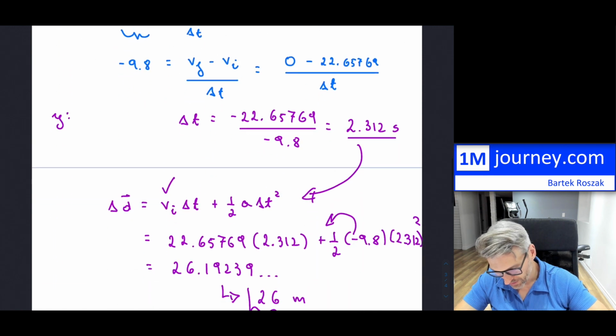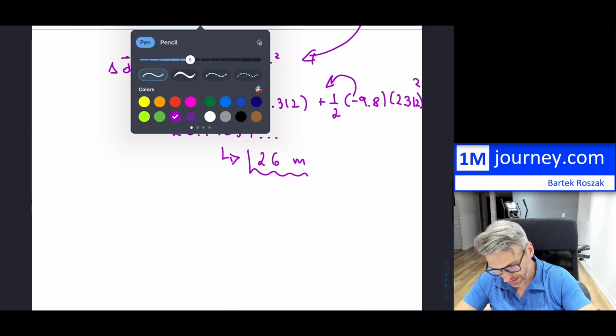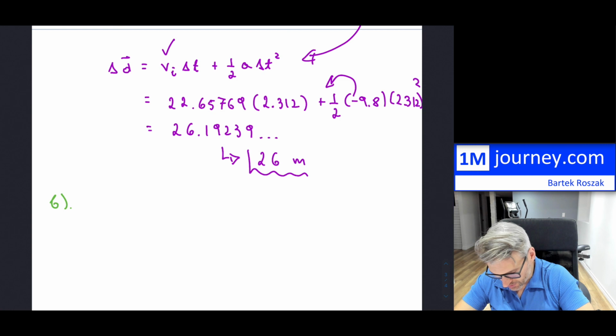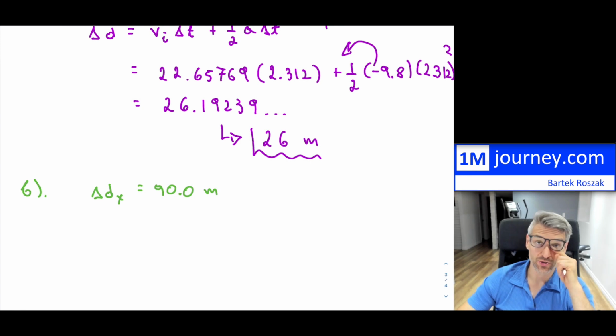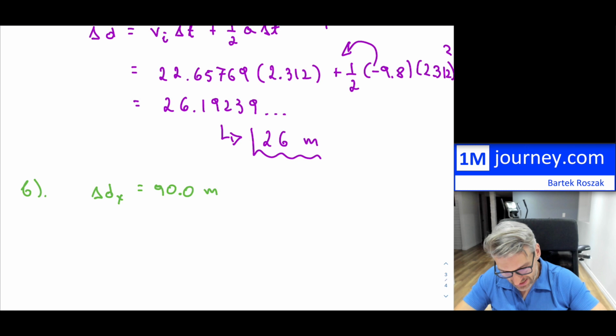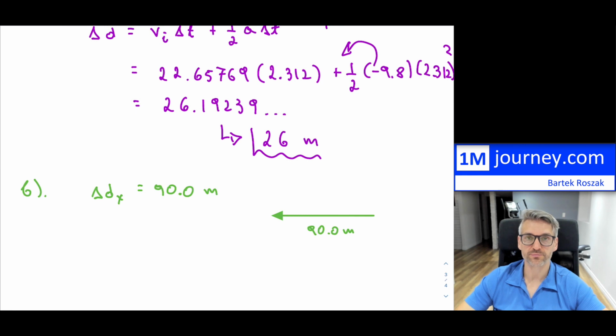So now, if I do this, this is part B. I have my displacement in the x, I'll make it positive, although technically it's negative, it's to the left. But that's fine. So that is the distance that it has traveled, 90 meters in the horizontal. All right, that's fine.